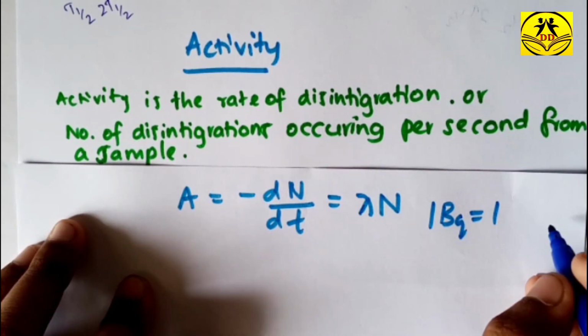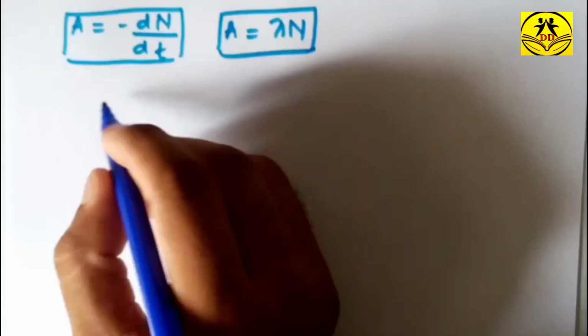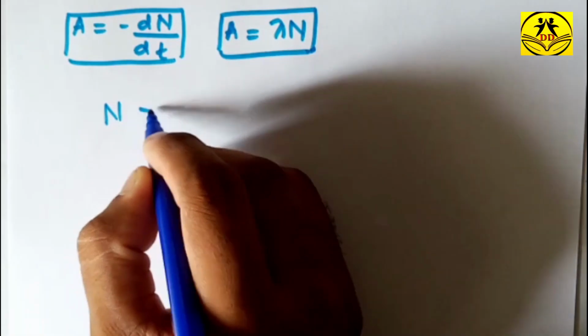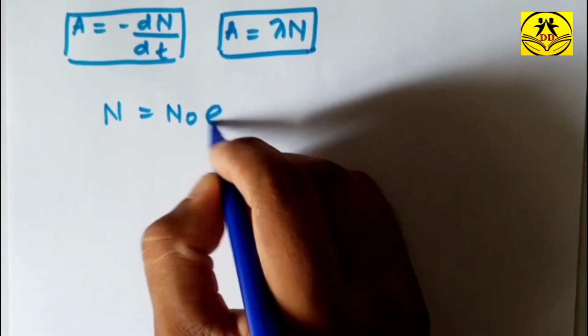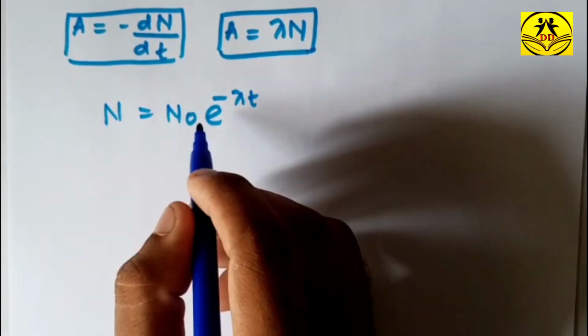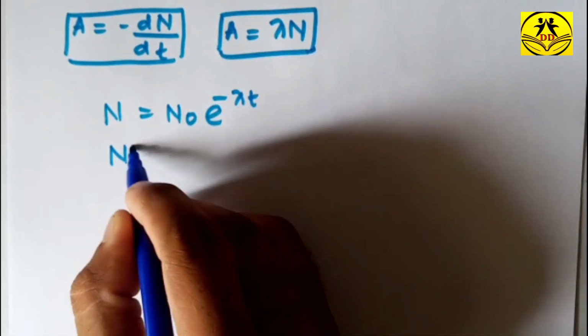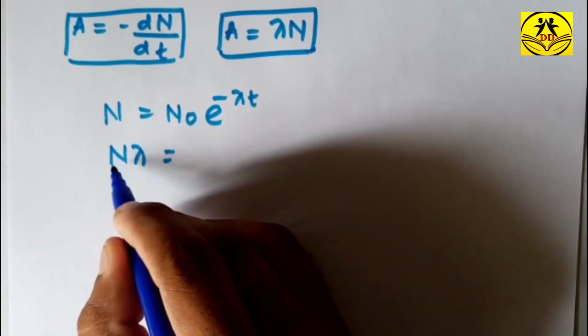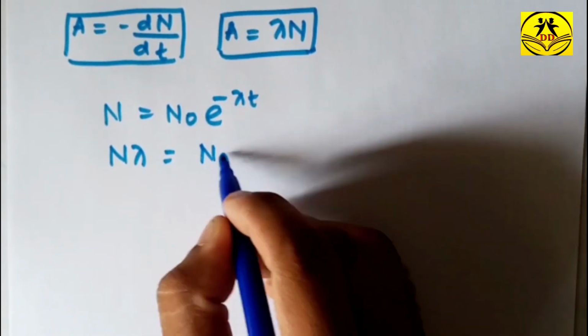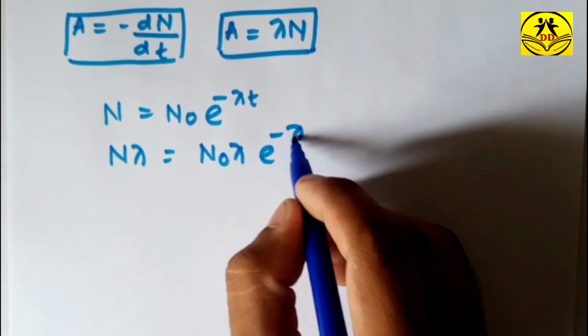So 1 becquerel represents 1 disintegration per second. Also, when we consider the previous equation, N is equal to N naught e to the power minus lambda t, we can multiply each side by lambda, so that it will be N lambda equal to N naught lambda e to the power minus lambda t.